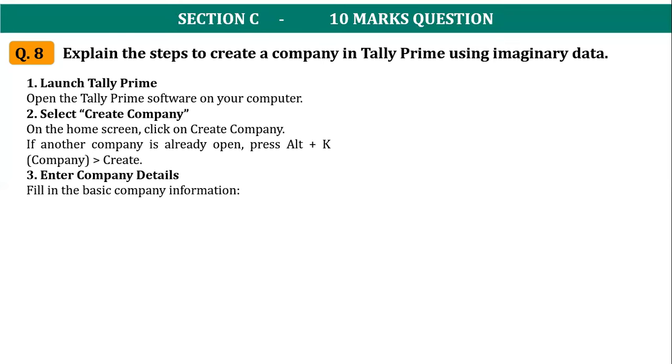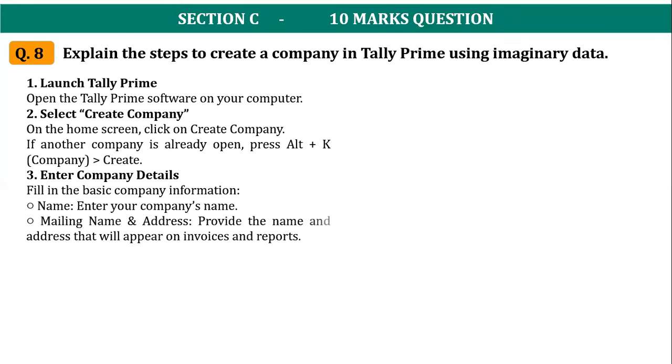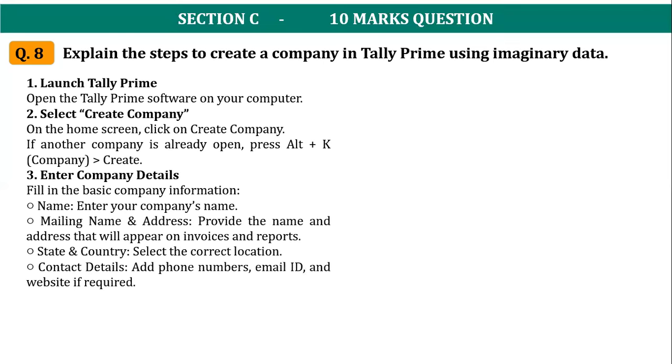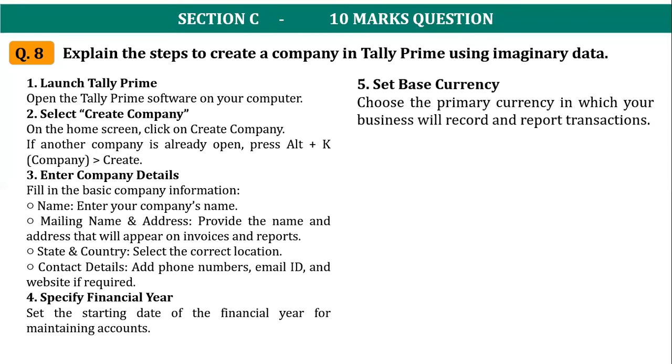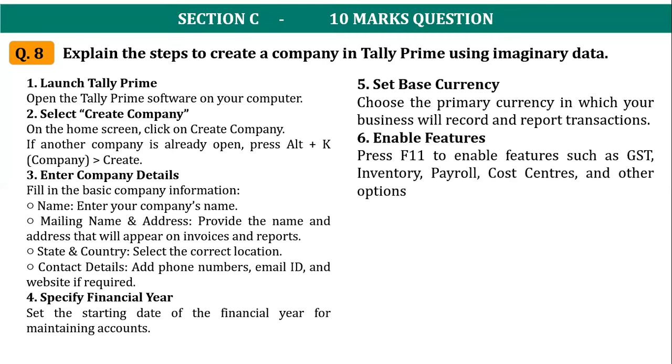Once you click on create, you have to enter the company's basic information such as name, address, country, contact details, and so on. Then you have to select the financial year in which you are starting. Then the base currency, that is rupee, dollar; those things will be there. You have to select rupee. Then enable features, that is GST, payroll, inventory, which all you require for your particular business.